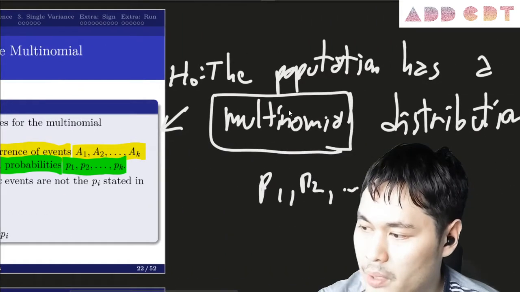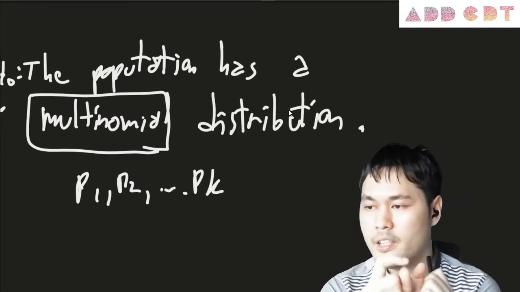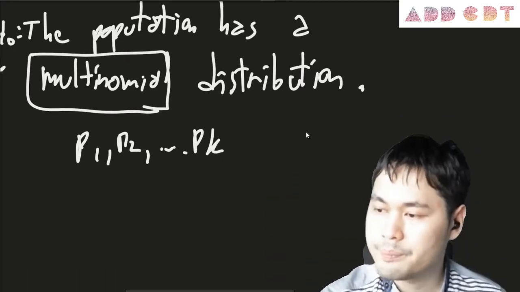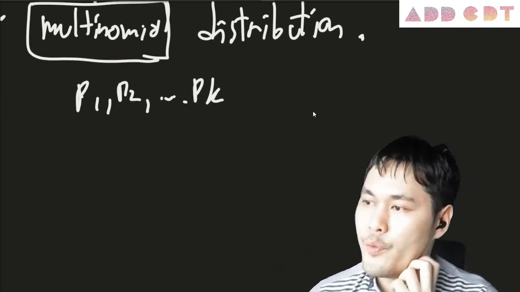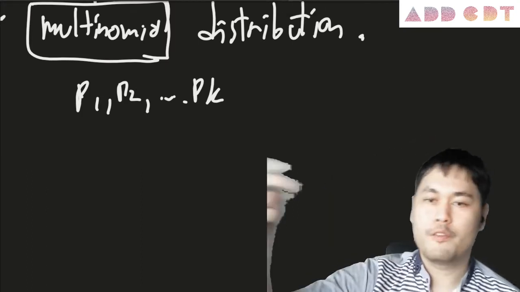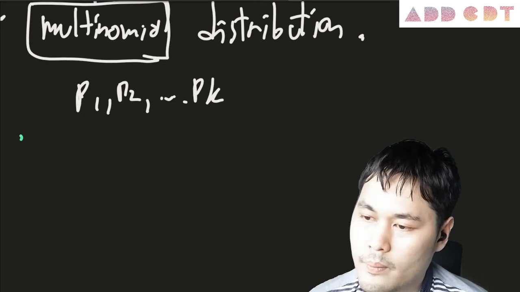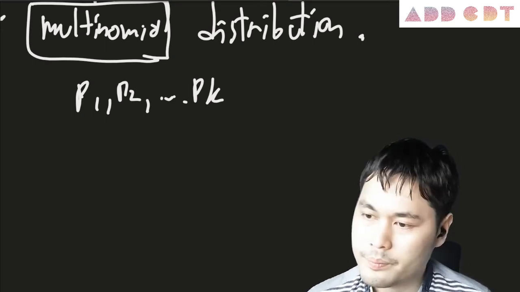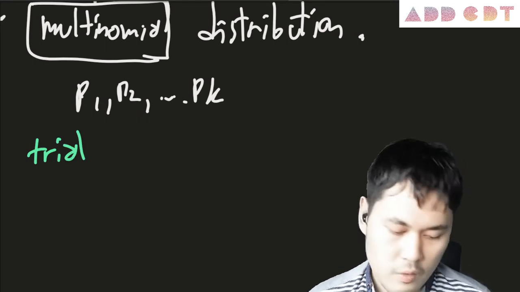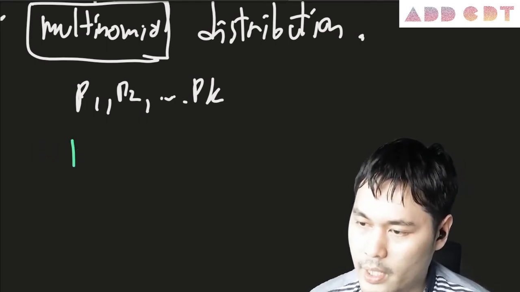And if we believe that each category, each event A1 to AK, has this chance, then if we repeat the experiment, or let's say if you pick a ball from the box n times, we perform n trials.